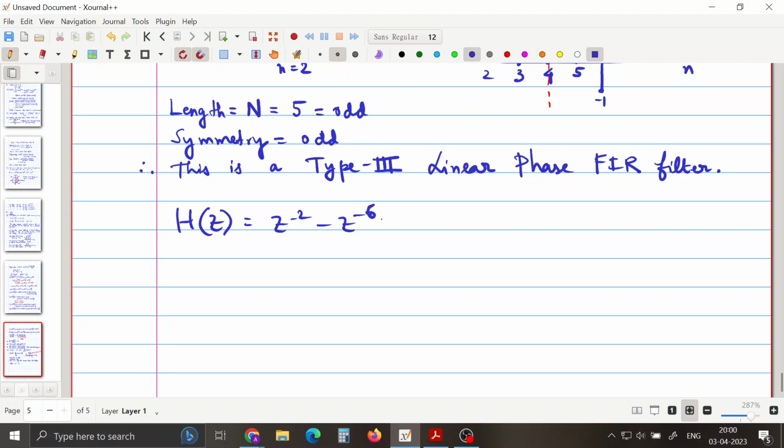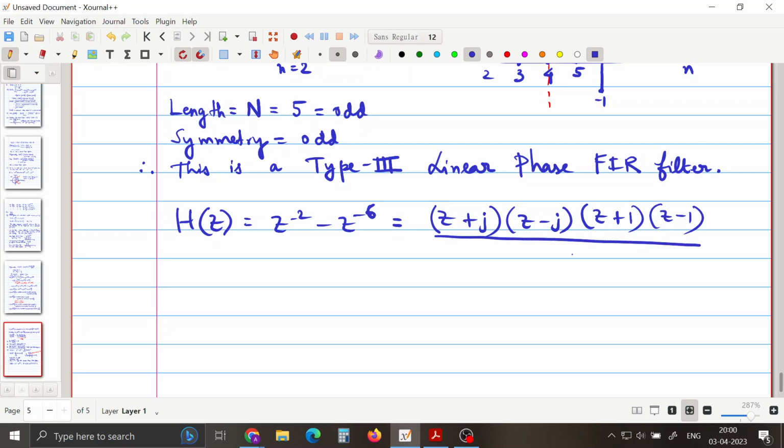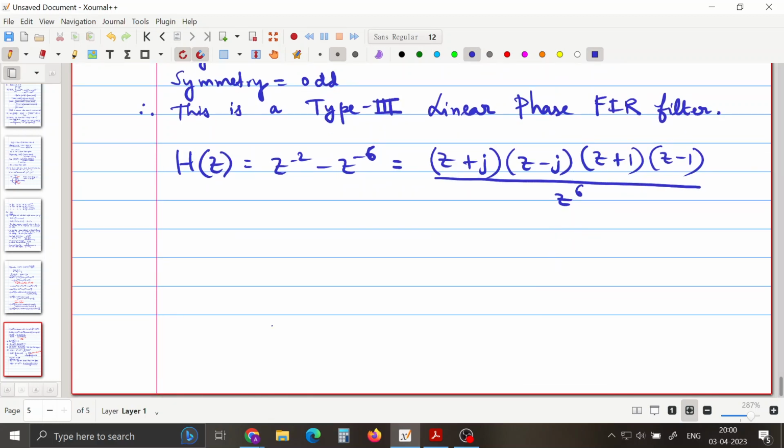If you actually visualize the poles and zeros, this can be written as this.